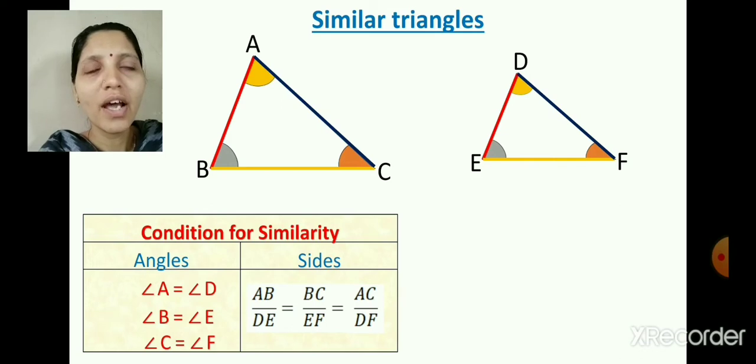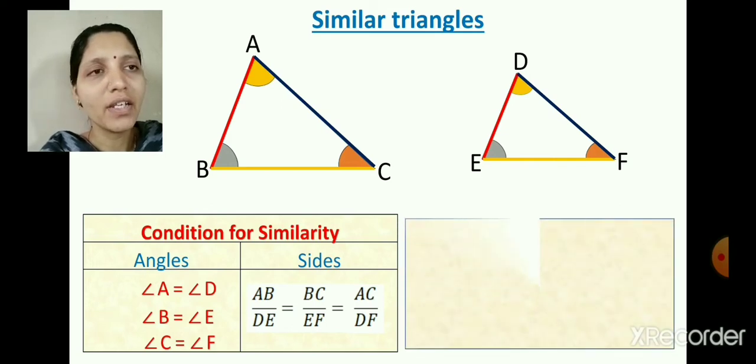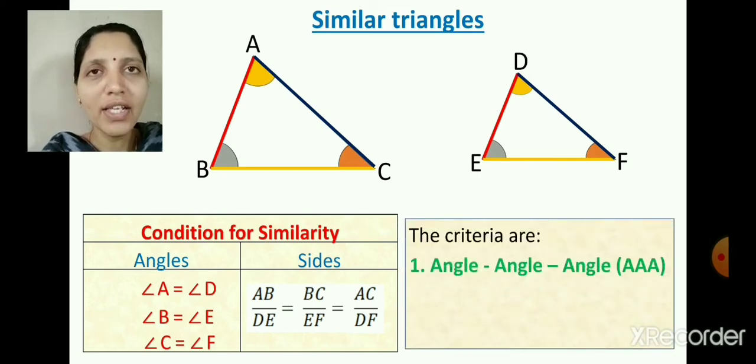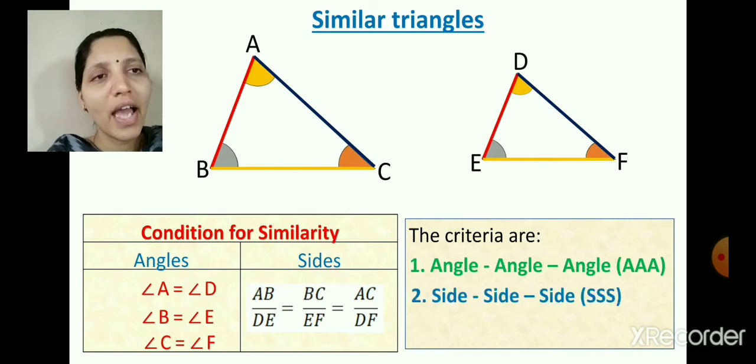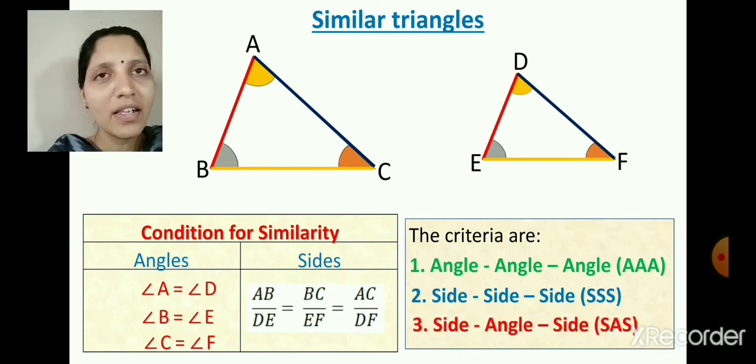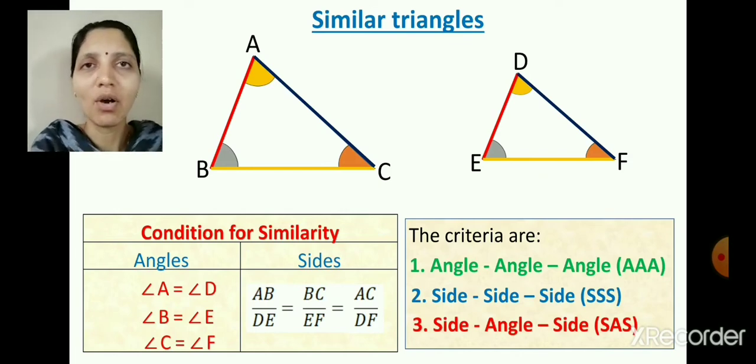So there are different tests to find the similarity between the two triangles: angle test, side test, and side angle side test. By these tests we can find whether the given triangles are similar or not.